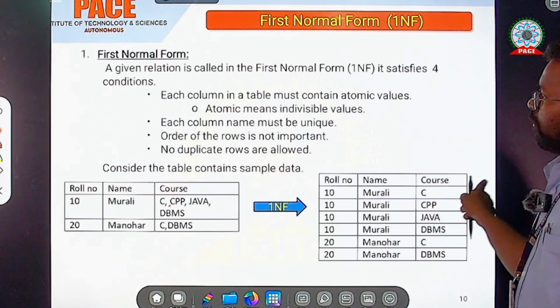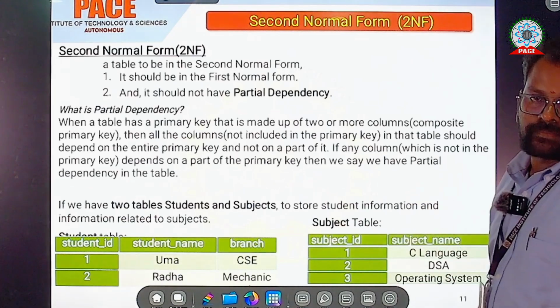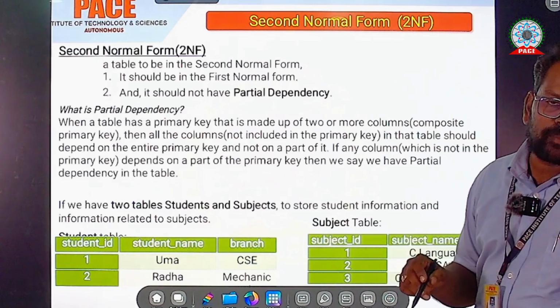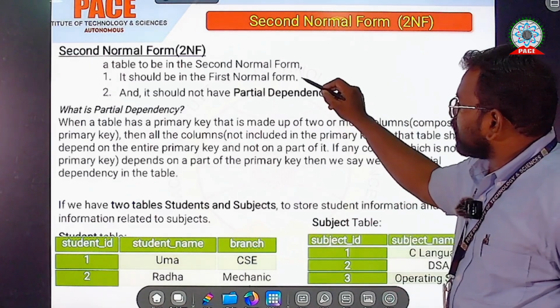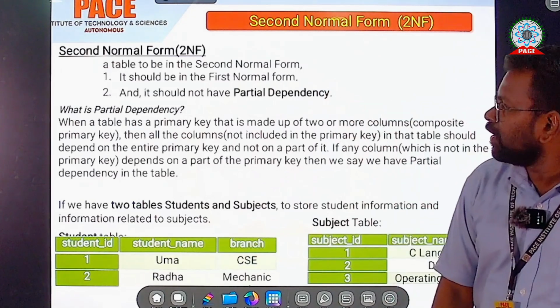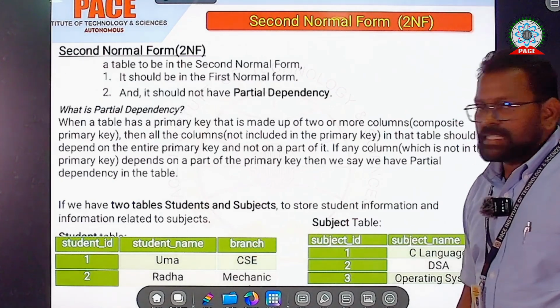Second normal form. For a table to be in second normal form, it should satisfy the first normal form condition, and it should not allow partial dependency. What is partial dependency? Generally a table contains a primary key. What is the primary key?